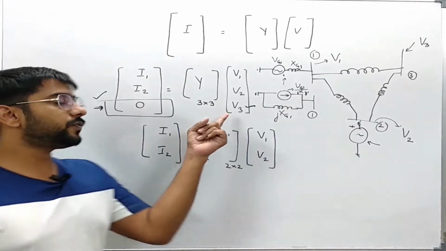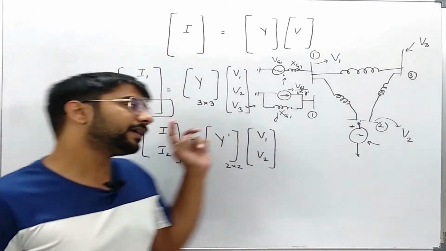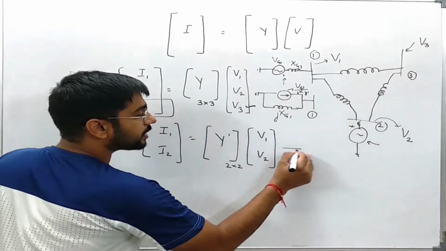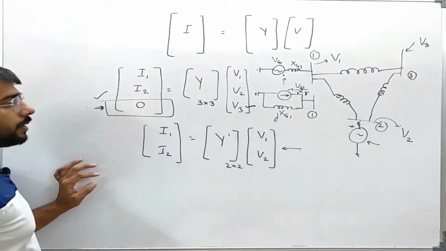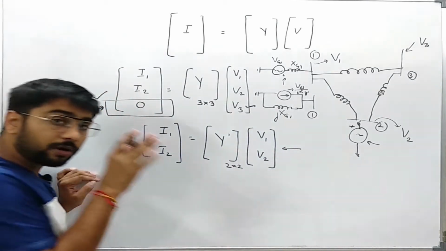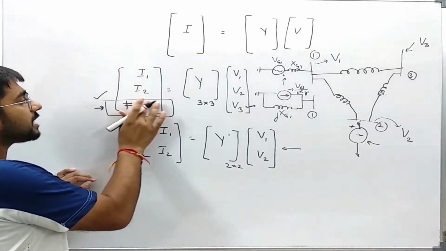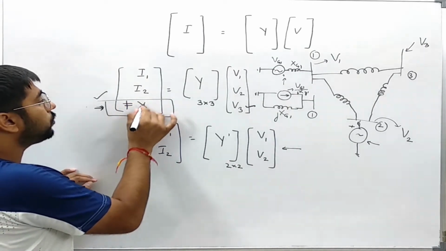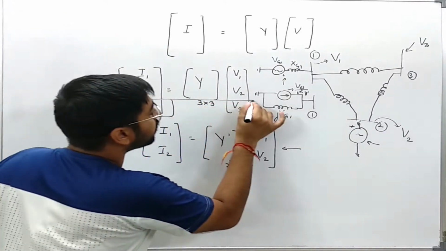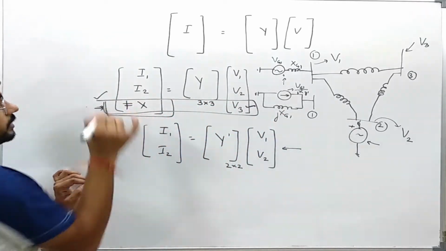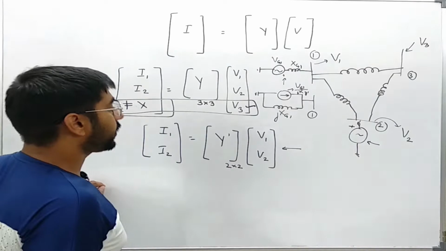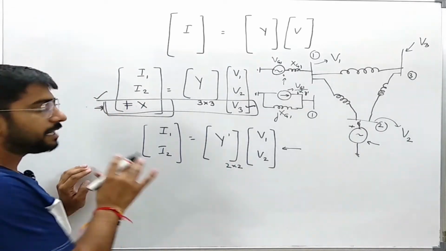Even though V3 was not equal to 0, in this current equation it does not appear here. But we should always remember, if the current was not equal to 0, if it had some value, let us say some x value, then we could not have eliminated this bus altogether. So we should keep this in mind.